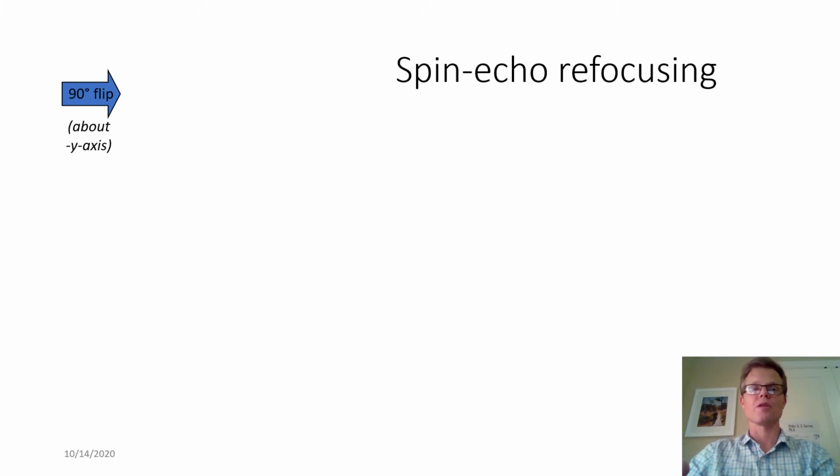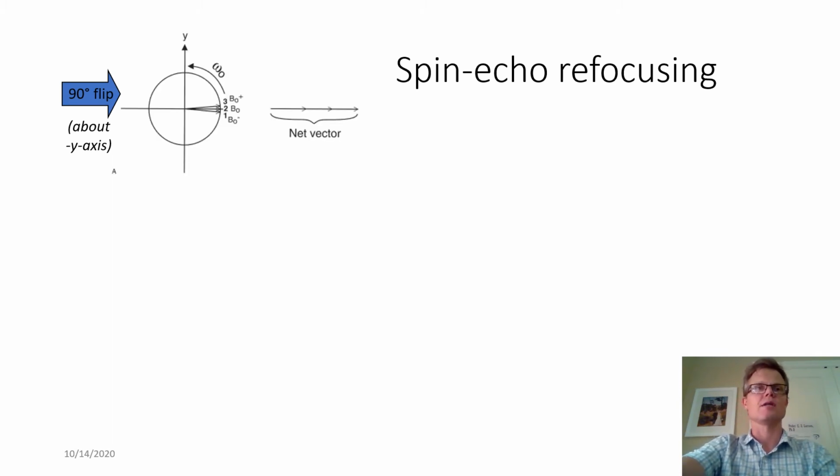I'm going to go through another illustration of this to solidify the concept. So this is an illustration from the book. We can now maybe do a 90-degree flip, and here we're looking at transverse magnetizations again, and following the case of 3 different resonant frequencies.